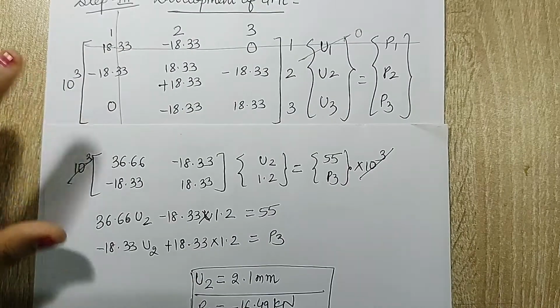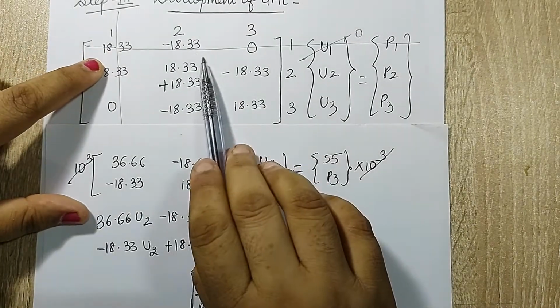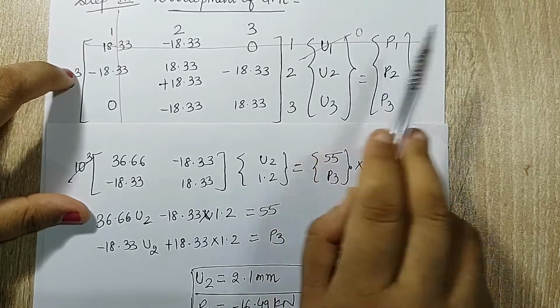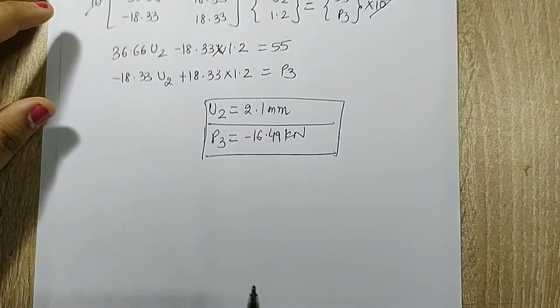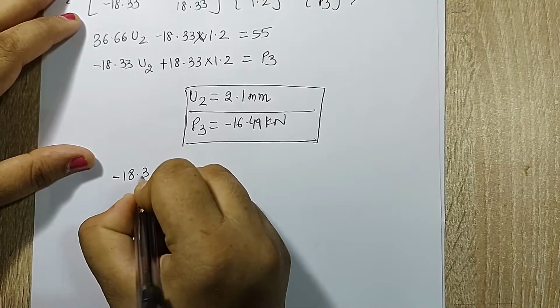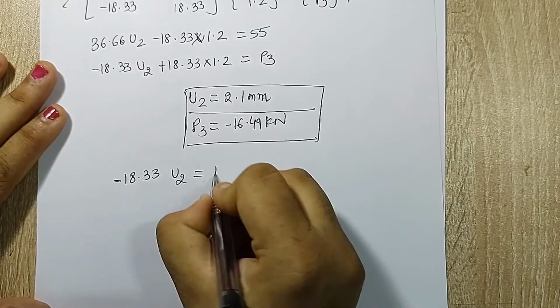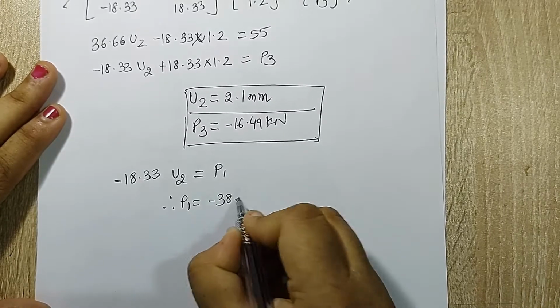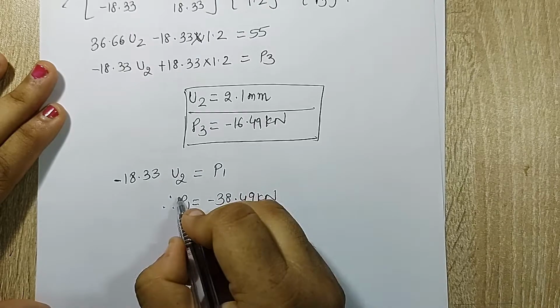Now I will revisit this equation. I have only minus 18.33 into U2 is equal to P1 and 10 raised to 3 will be on both the sides. So you can directly assume it is cancelled and the equation will be minus 18.33 U2 is equal to P1. I get the value of P1 as minus 38.49 kilonewton.